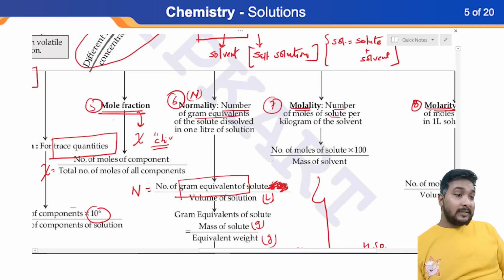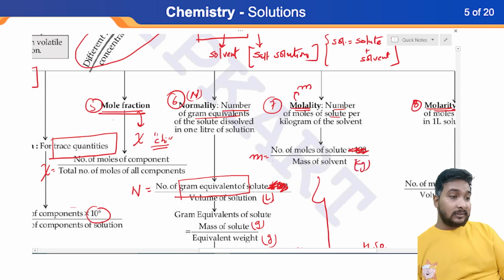The formula is very simple. The symbol is also very simple, small m. So small m equals number of moles of solute, which is unitless, sorry. Mass of solvent must be in kg. So again, into 100 is not required here. So number of moles of solute upon mass of solvent in kg.